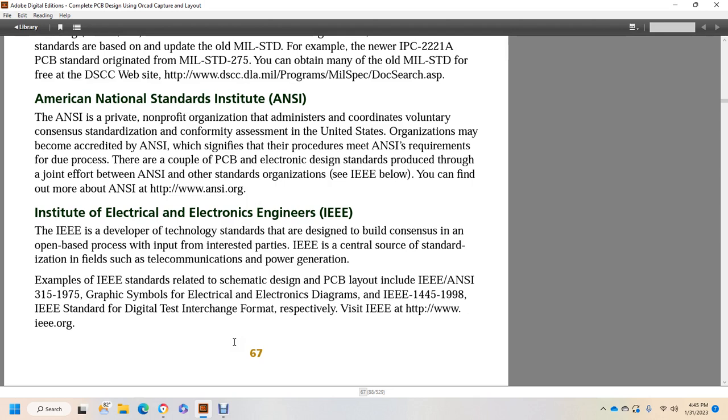Examples of IEEE standards related to schematic design and PCB layout include IEEE/ANSI 315-1975, graphic symbols for electrical and electronic diagrams, and IEEE 1445-1998, the IEEE standard digital test interchange format, respectively. www.ieee.org.